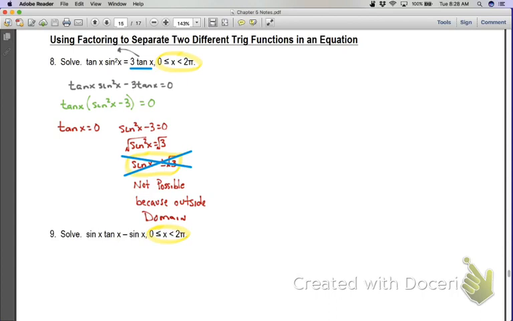Where is tangent of x equal to 0? So when is sine of x over cosine of x equal to 0, if you think about it that way? At what two spots?